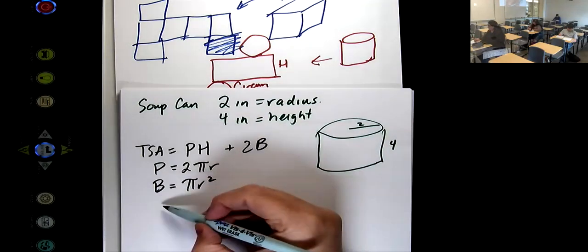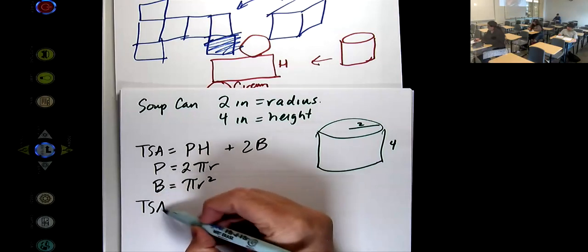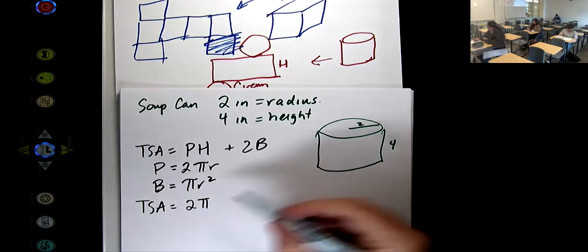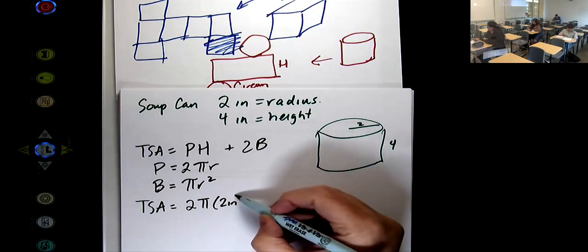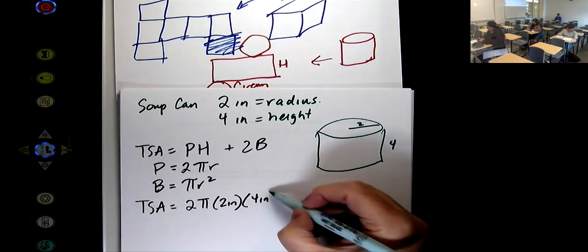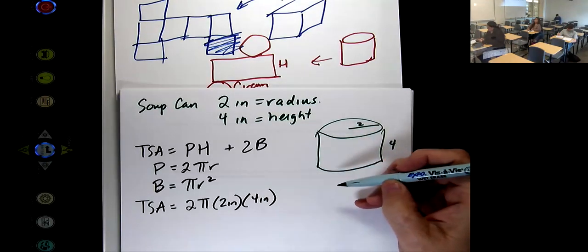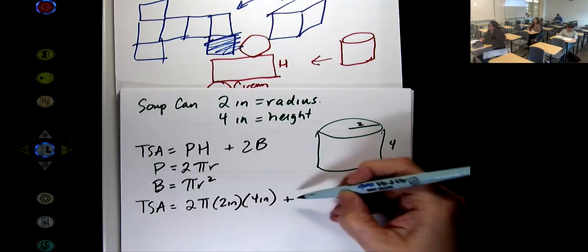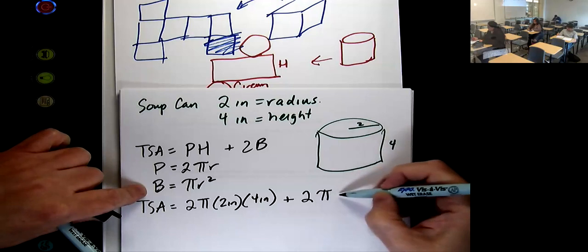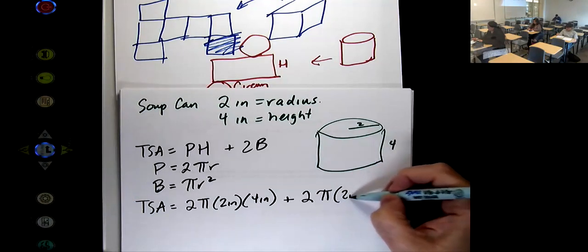So I put all this in. I have 2 pi times the radius, which is 2 inches, times the height, which is 4 inches, plus 2 times the base. The base is pi times the radius, 2 inches, squared.